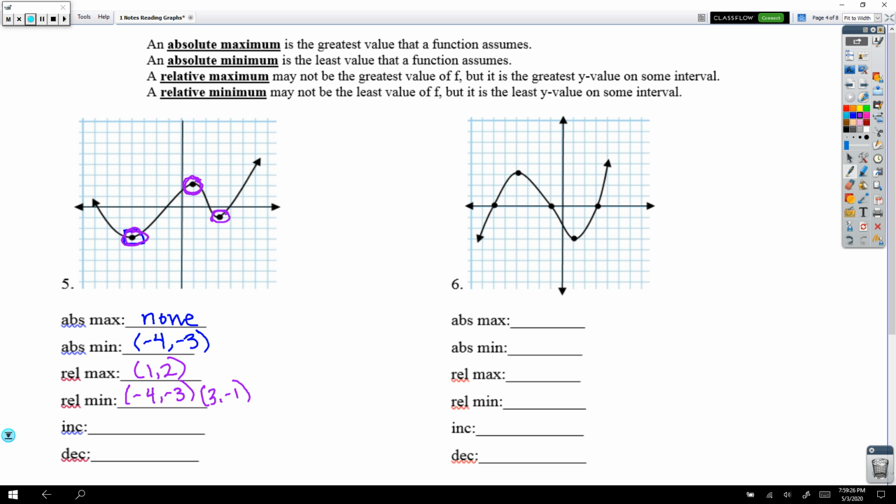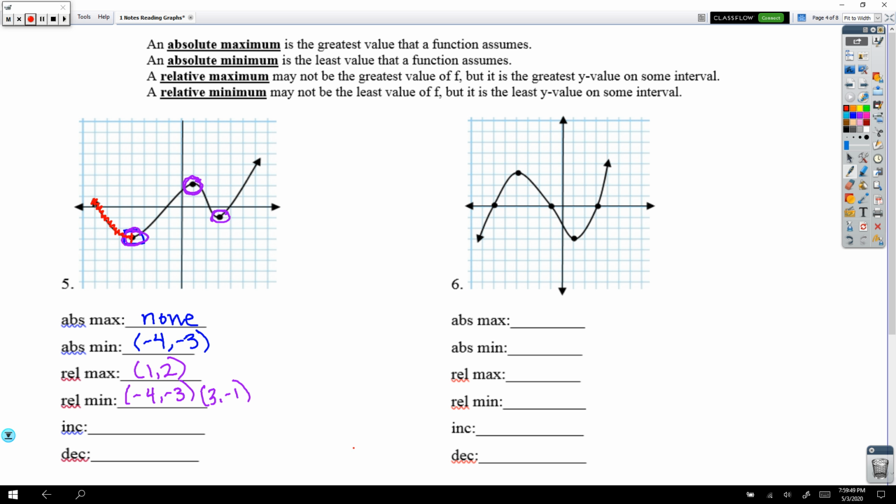Now, increasing and decreasing, we've done this earlier in the year, but to kind of refresh our memories, I'm going to do this example in more detail, and then when we get to the later examples, I'll go a little bit quicker. So I'll kind of color coordinate it for us too. But starting on the left side, I am decreasing until I get to this value.